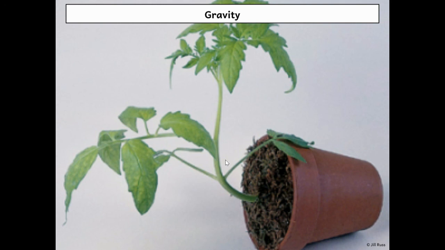If the roots were growing in the air, they would struggle to absorb the nutrients and water that they would need to survive. So a plant is able to respond to gravity by keeping the roots going down in order to absorb water and nutrients, and for the leaves and the stems to grow up to be able to grow and make food from the sunlight.